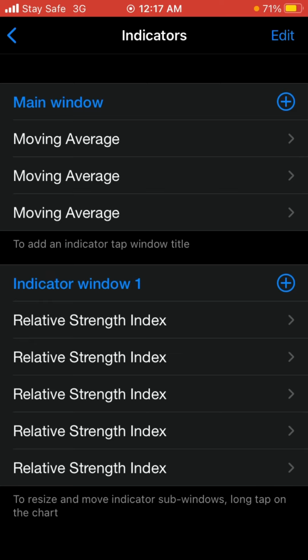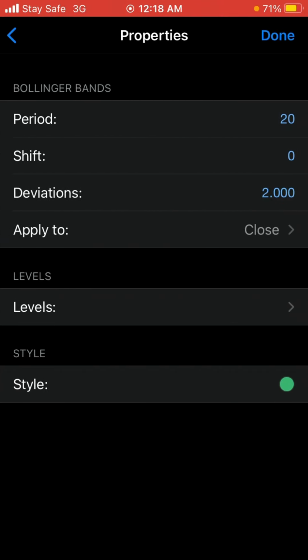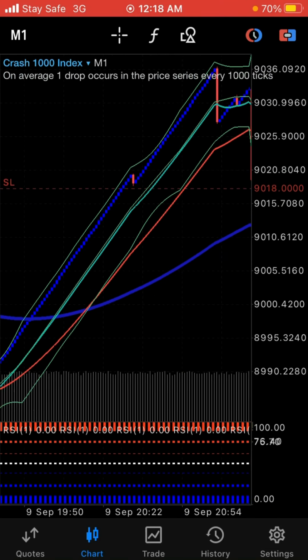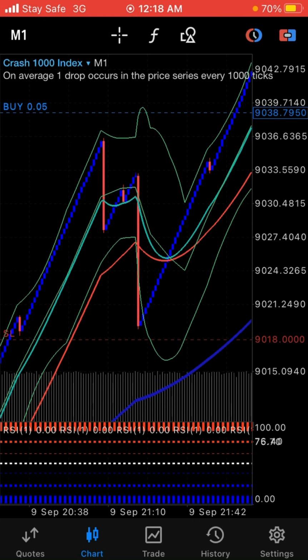So I have to set my Bollinger Band. This is how you set it: period 20, shift 0, and click done. This is how you see it. In this video, I don't want to make it really snappy. It will be a little bit long, so that I make sure you understand all about this pro strategy.